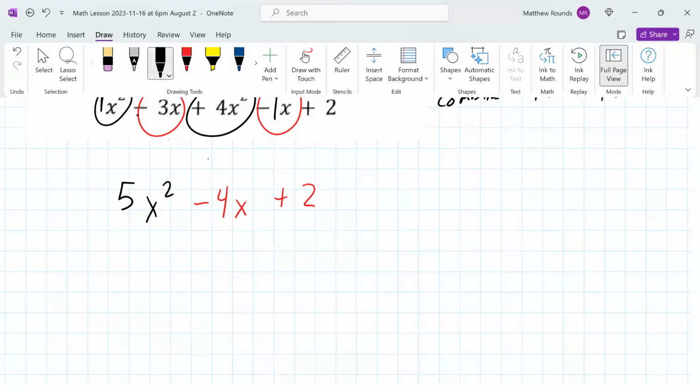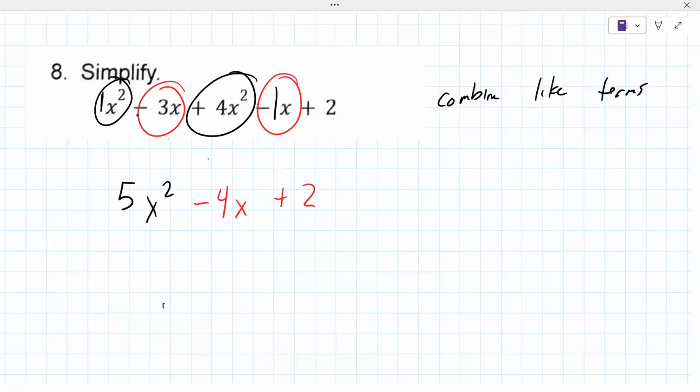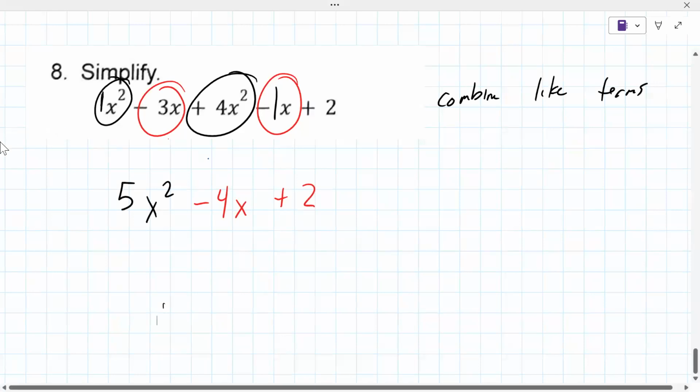So 5x squared minus 4x plus 2. So then equal what?